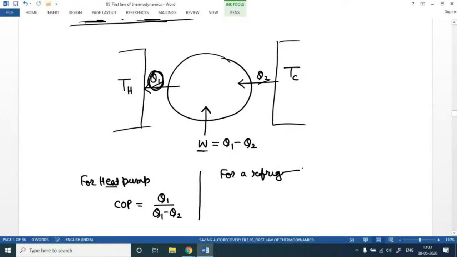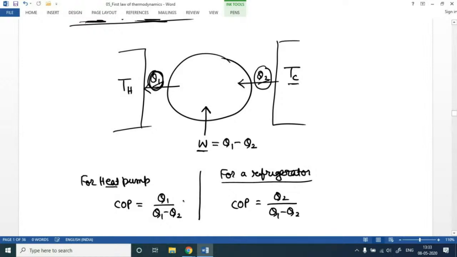So basically the refrigerator unit takes some heat from the cold space and releases heat to the surrounding. In a refrigeration unit, it is important to keep track of how much heat is taken from the cold reservoir. So the coefficient of performance of a refrigerator is defined as Q2 upon Q1 minus Q2.